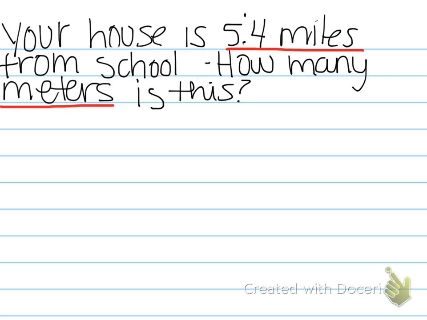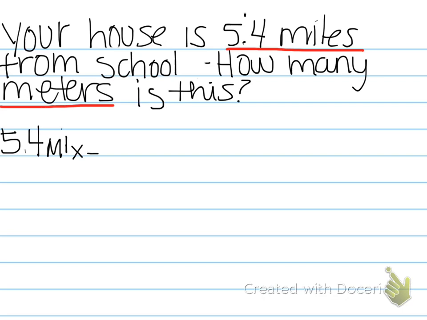This is one that we're going to do a few steps in, just so you can see how this actually works. So, we are going to start with what we have. We have 5.4 miles. And we want to get to meters.